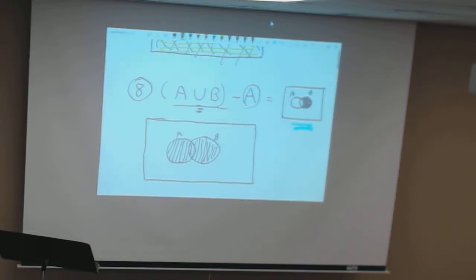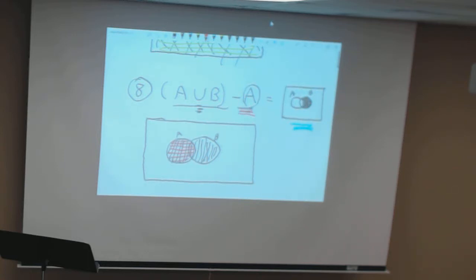And then what does it say to do next? Subtract A. Let's just change that to red. Subtract A. So that means I'm going to take away from what I have here. I'm going to take away A. And what does that leave me with?